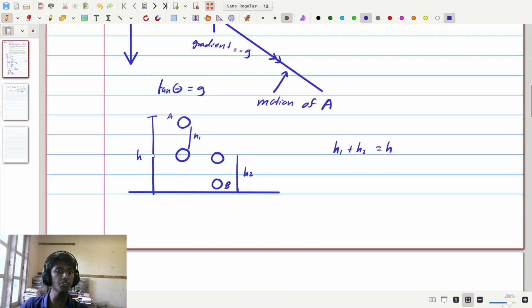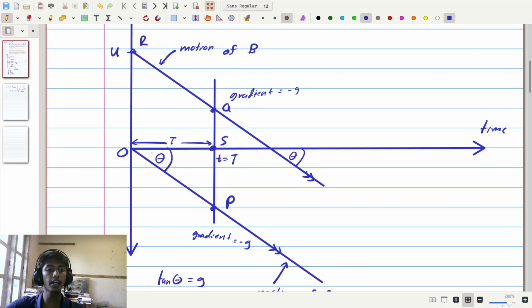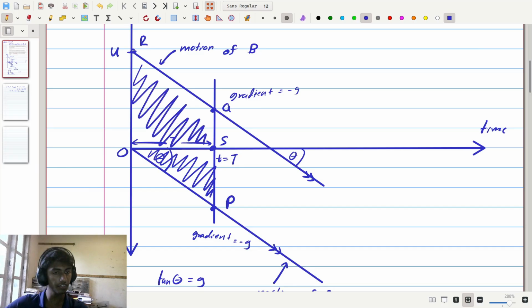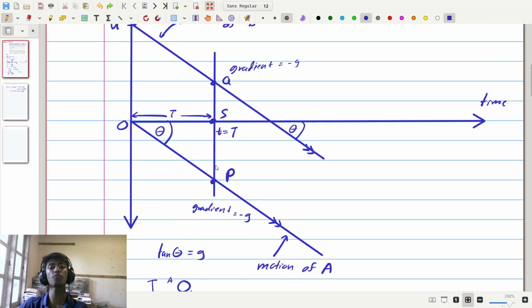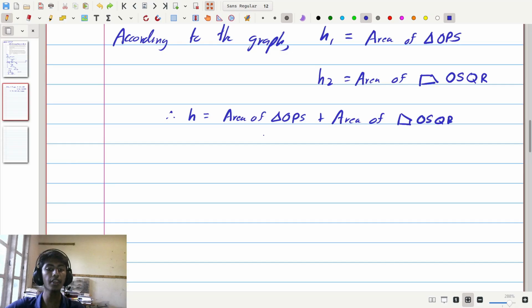Now considering these two areas, the first area is the area of this triangle right here, and the second area is the area of this quadrilateral here, and we can see the sum of these two areas is the area of the quadrilateral OPQR, and therefore what we have here is the area of this shape, which is something like this. It's a shape that looks a bit like that, of OPQR.